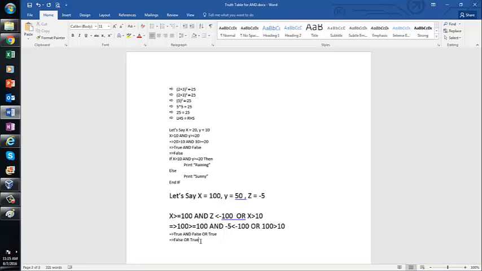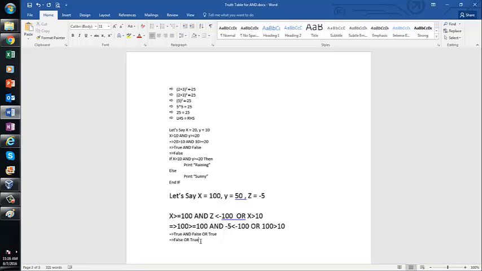So let's say you don't have money, but you have a car with gas. Then can you go outside? Yes. Or you have both things, you can go outside. So what we are saying in terms of or, if any of the conditions is true, then the whole expression is true.